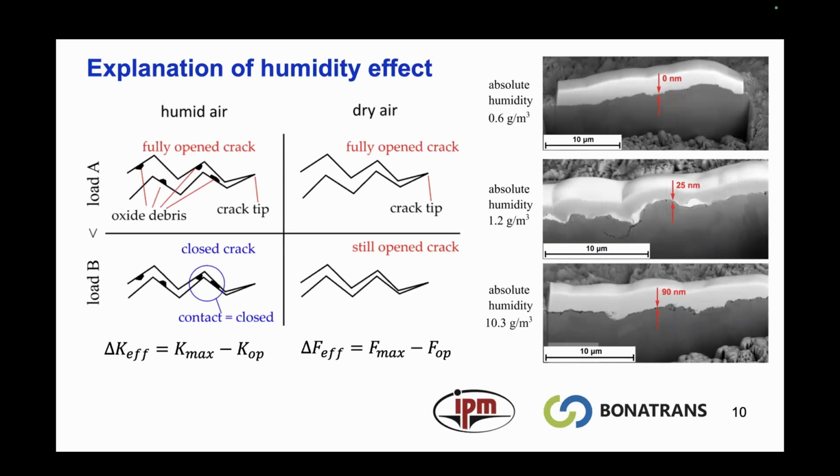In dry air, there are no conditions for developing oxide debris, but in normal air humidity, oxide debris develops, and this oxide debris causes earlier closing of the crack during its propagation, and it decreases the threshold value.